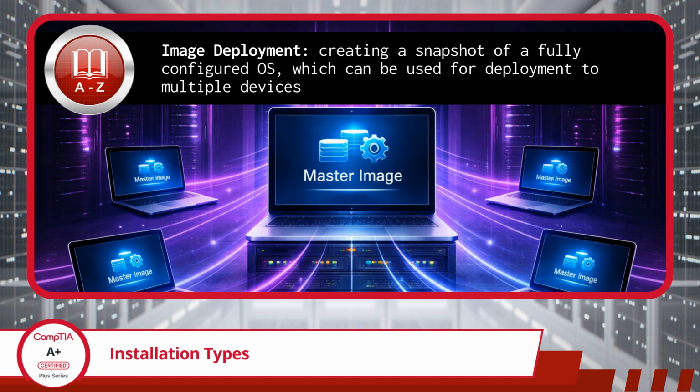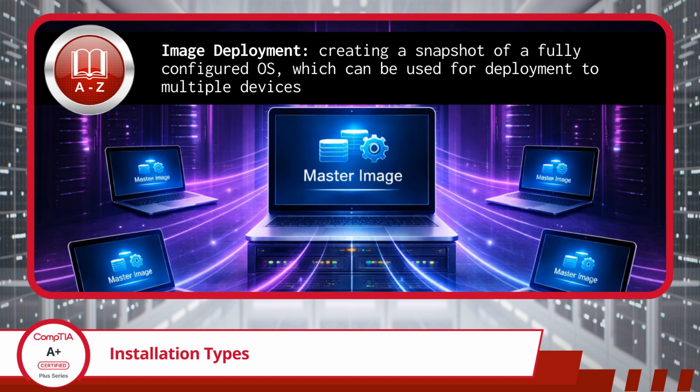When working with multiple systems, organizations often turn to image deployment. This method involves creating a standardized system image or snapshot that includes the operating system, applications, settings, and configurations. That image is then deployed to multiple devices, allowing each system to be set up in the same way.